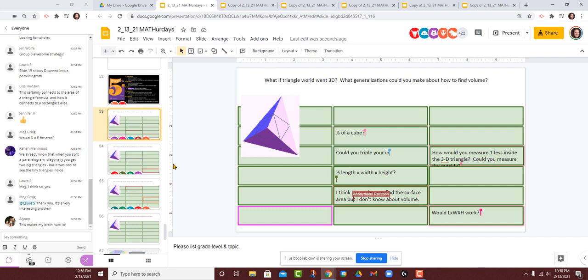And thank you, Allison, for writing in the chat box that this is making your brain hurt because this is really flipping our brains upside down and making us think about all we know when it comes to perimeter, area, and volume. And even though we can't see all of the triangular pieces in this pyramid, we know that there's some inside.